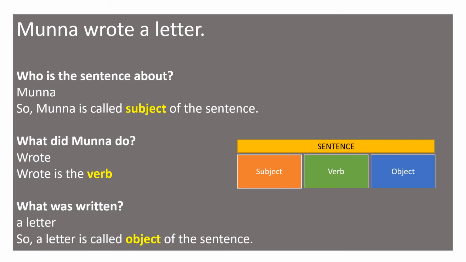So first subject, in the middle verb, and after the verb there will be object in a sentence. So what are the three parts of a sentence? Subject, verb, and object. This is the structure of a sentence. First subject, then comes verb, and then object.